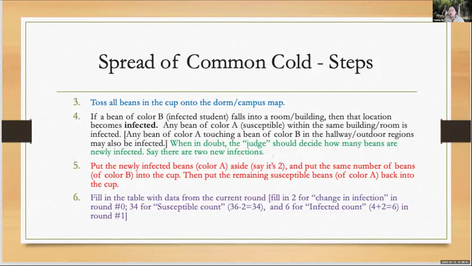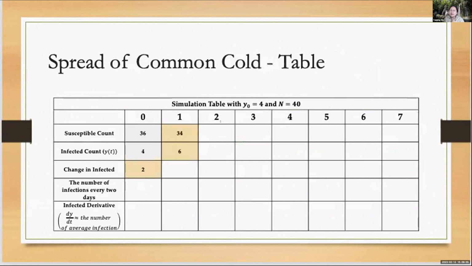But of course, we should always record the data. So we update our table a little bit. The yellow cells are the new data, 2 more infected. So the changing infections is 2, therefore the susceptible count becomes 34 and the infected count becomes 6.